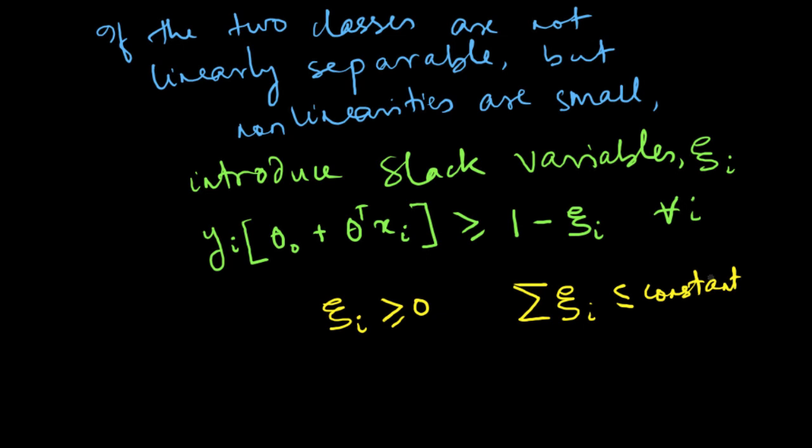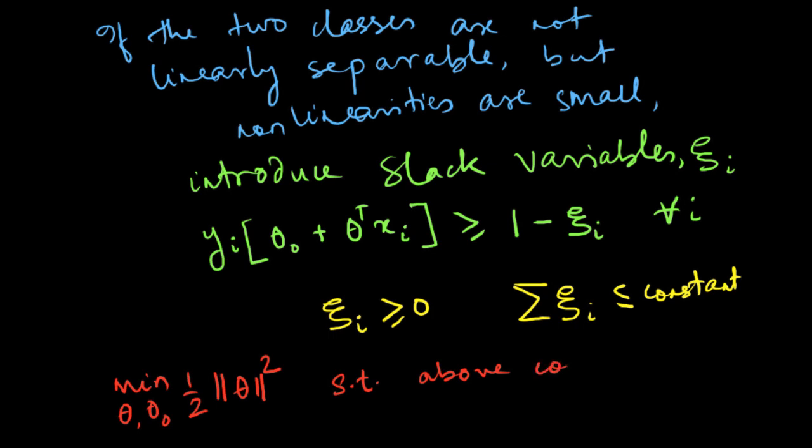So now essentially our problem is similar to what we had earlier, where we had minimization with respect to theta and theta naught of half norm of theta squared, such that the above conditions are met. So this is again a constrained optimization problem like we had earlier.